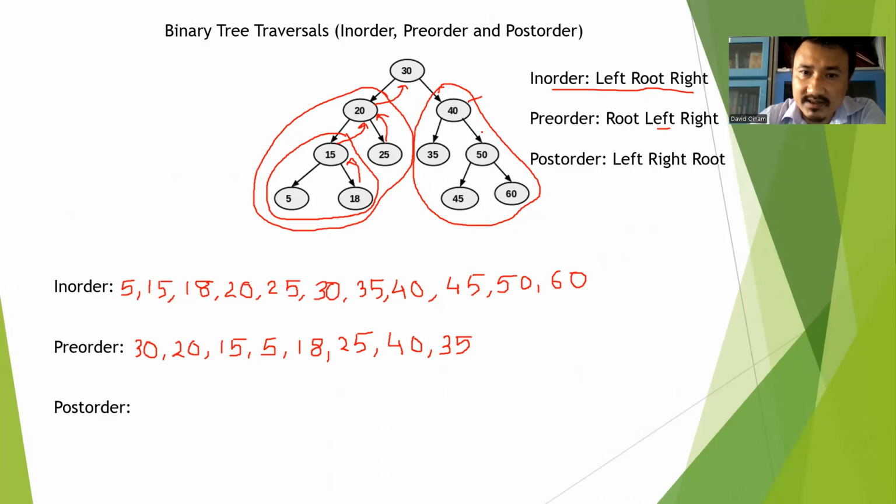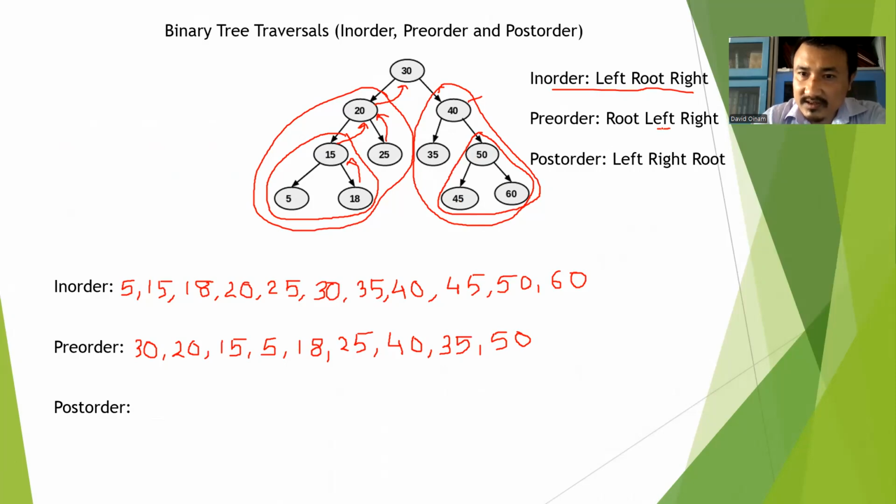Right side is here. Here again we found another sub-tree, where 50 is the root node. So from 50, what we are going to do? First we have to write the root. Root is here 50. Then left side is 45.